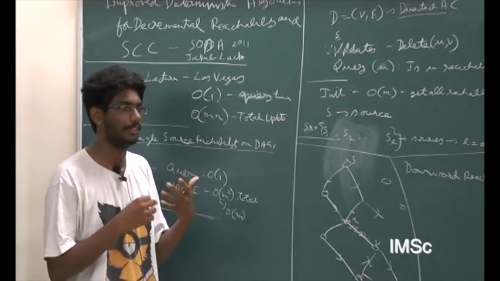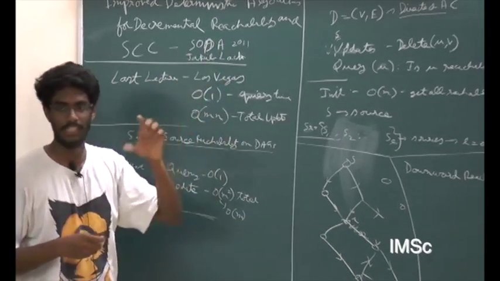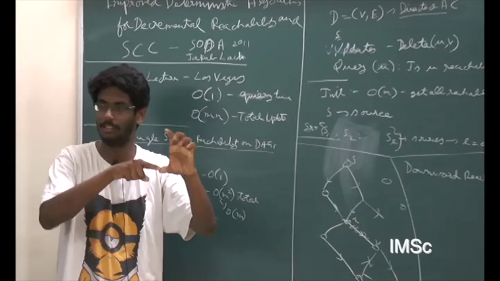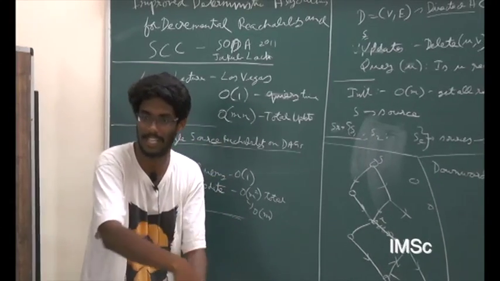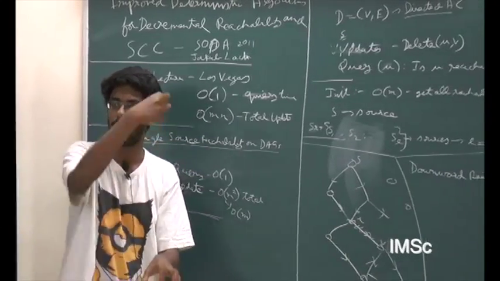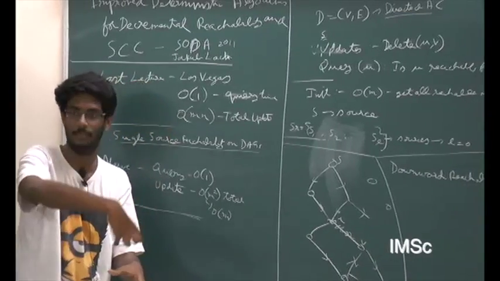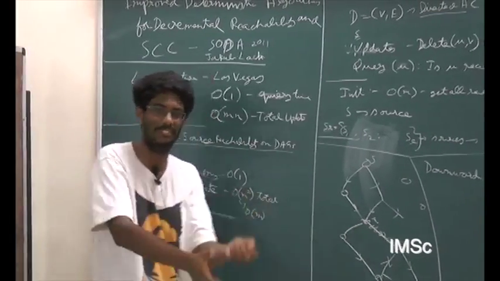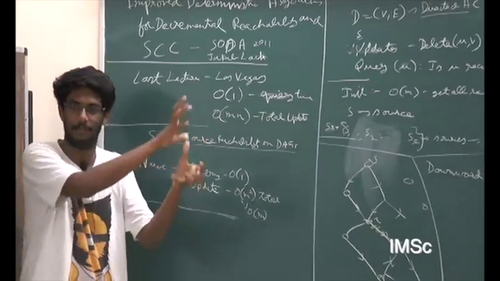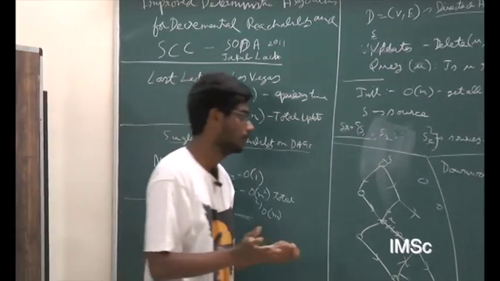So think of it this way, in the decremental algorithm, each time we delete a vertex, some vertices get disconnected. We want to spend time only proportional to that. We don't want to spend time proportional to all the reachable vertices again and again. That's the high level intuition, so that we can amortize over that and just add up and it'll come out nice.